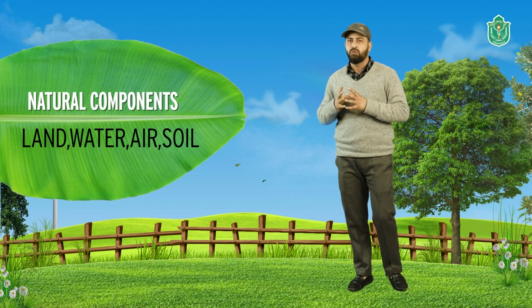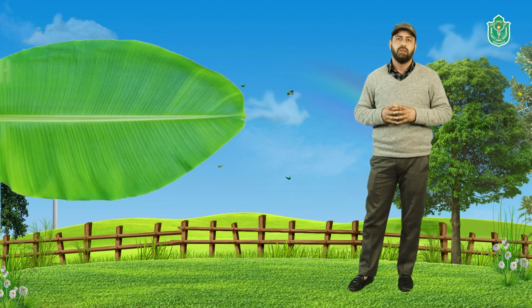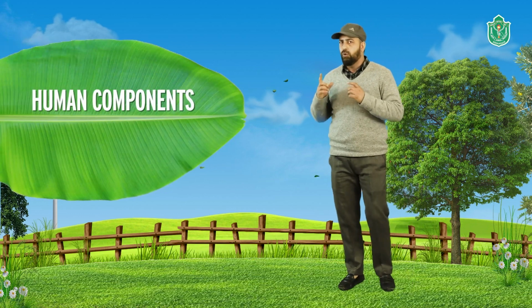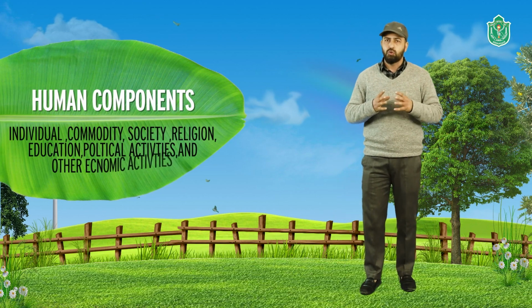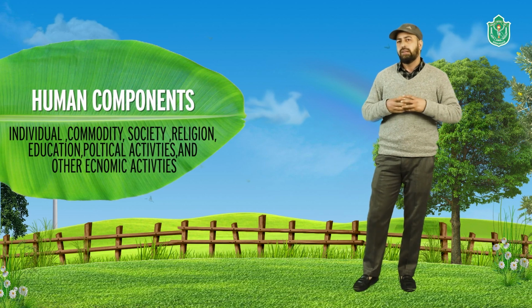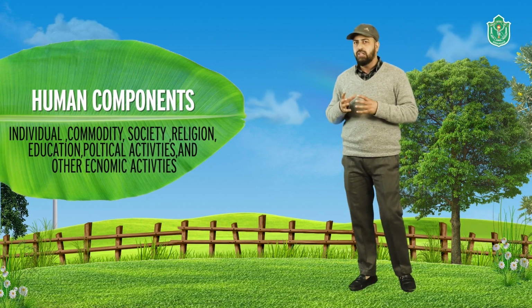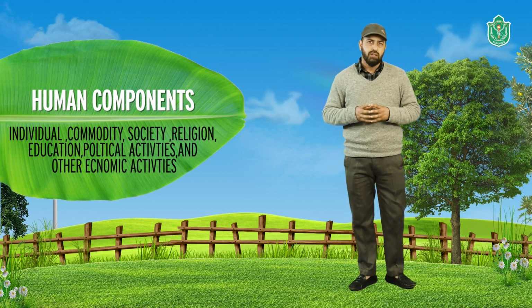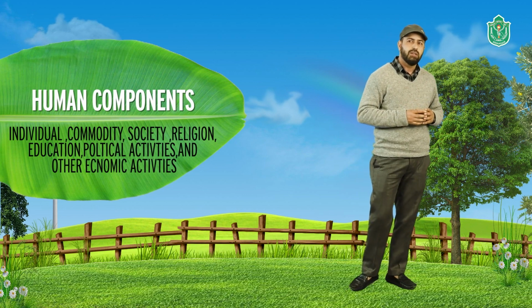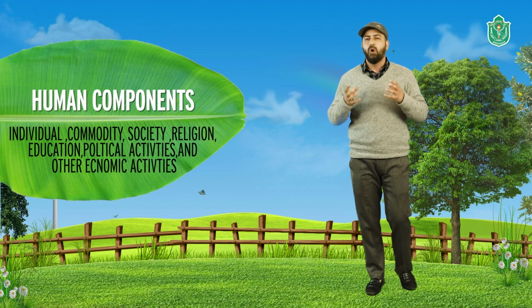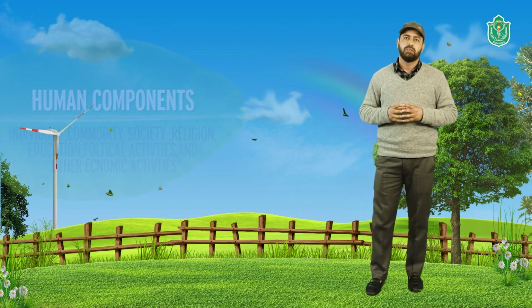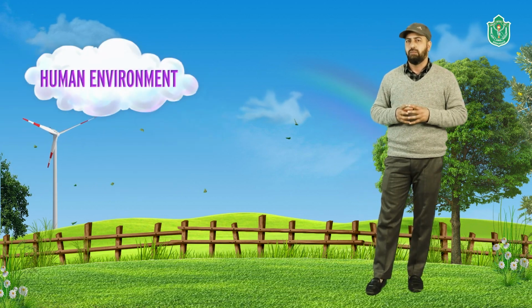Now, what do human components include? Human components include individual, community, society. Then in society we find religion, education, political activities and other economic activities. Together all these components make the human environment.